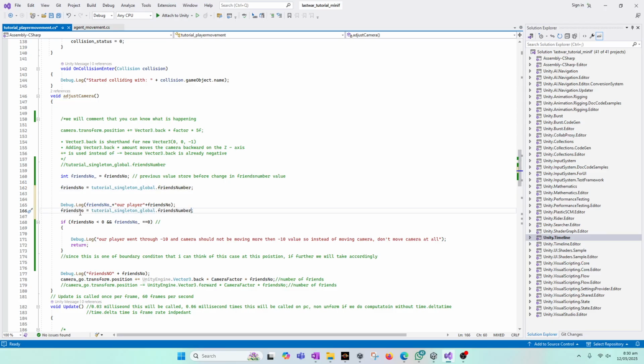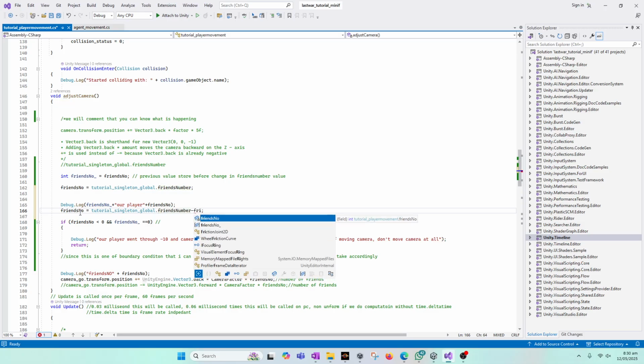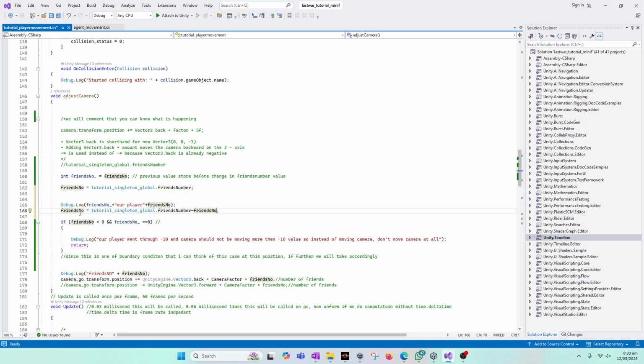Friends number is equal to this minus friends number previous.